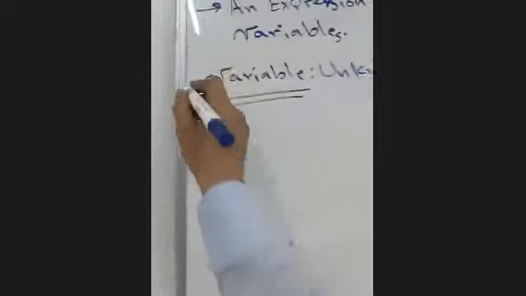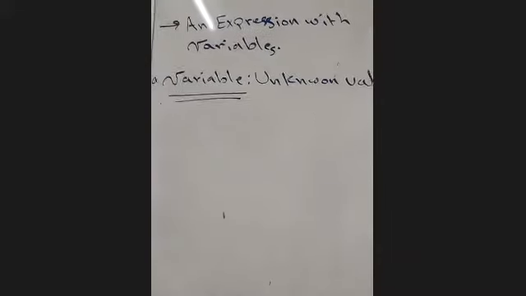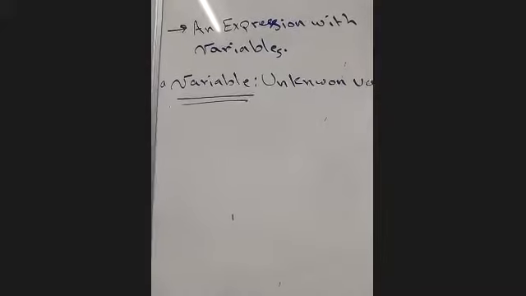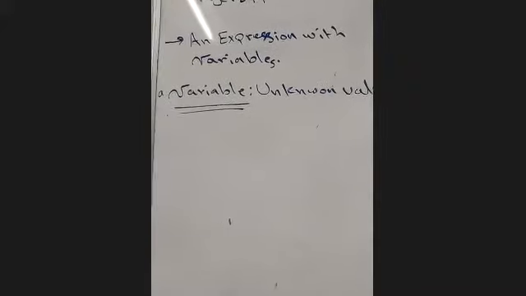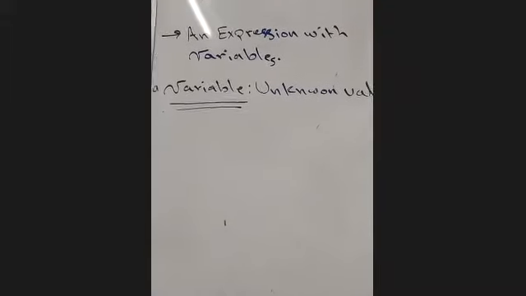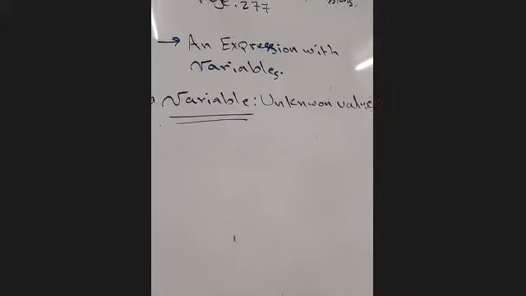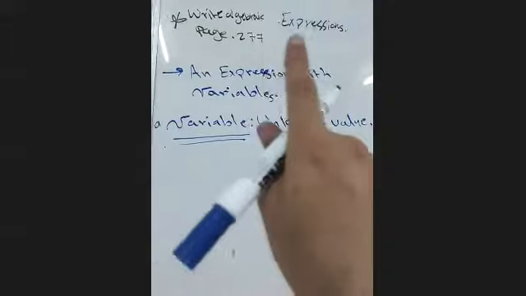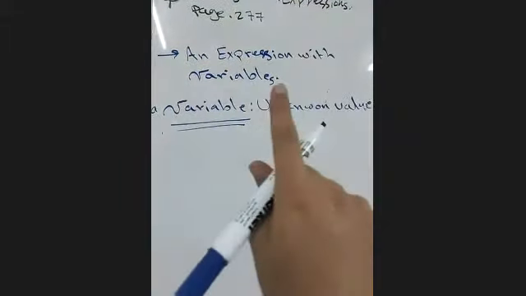A variable is an unknown value. Any unknown value in math, we call it a variable. Again, in the previous lesson, we talked about numerical expressions, meaning all of their elements are numbers. But here we'll talk about algebraic expressions. An algebraic expression is an expression with variables.